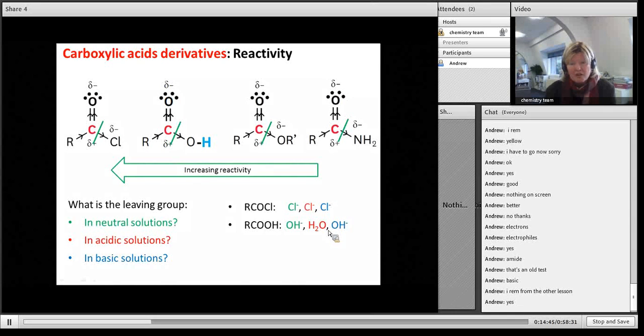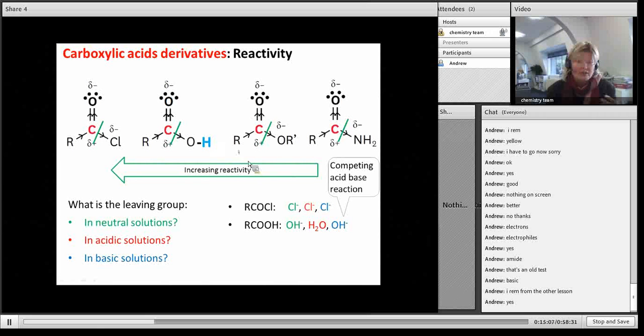And then depending on what I'm using in my base, it could either be OH minus or H2O as well. So I've left that as OH minus, but it could even be H2O again. And there is, of course, always a competing acid-base reaction, because remember, this is in basic solution, and it's going to rather just deprotonate rather than substitute.